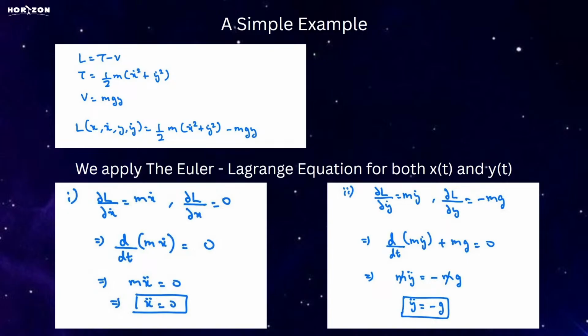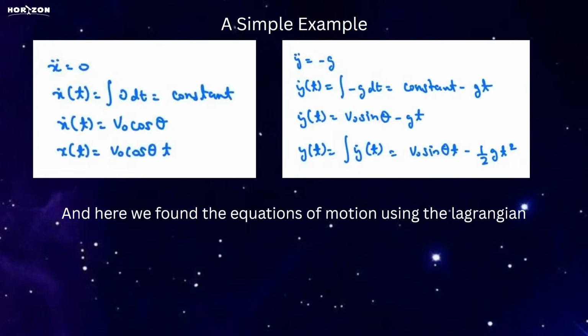If we do that, we get the acceleration in the x direction and the y direction. And upon integration of those, we would get the equation for the path the ball would take, which is basically the equation of motion. And we found those using the Lagrangian this time instead of the force-based view we use in Newtonian mechanics. Well, as you can see, this is all possible because of the Lagrangian. So we will now move on to Lagrangian mechanics.